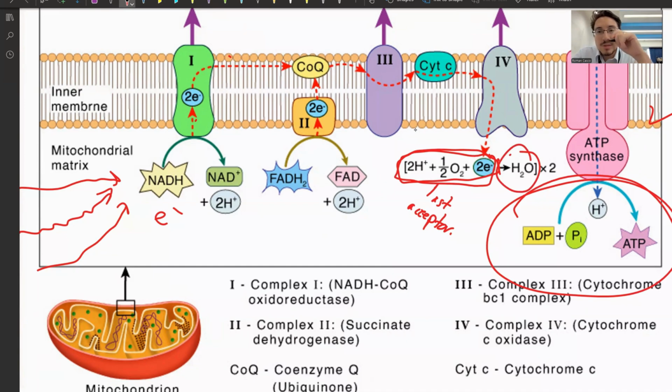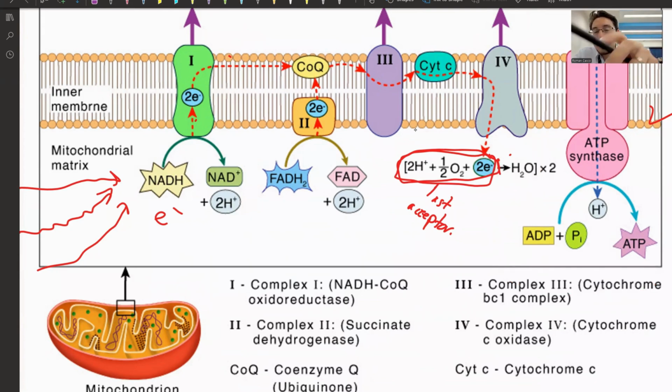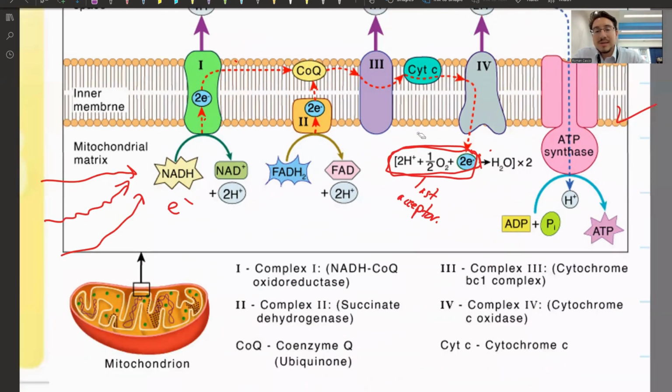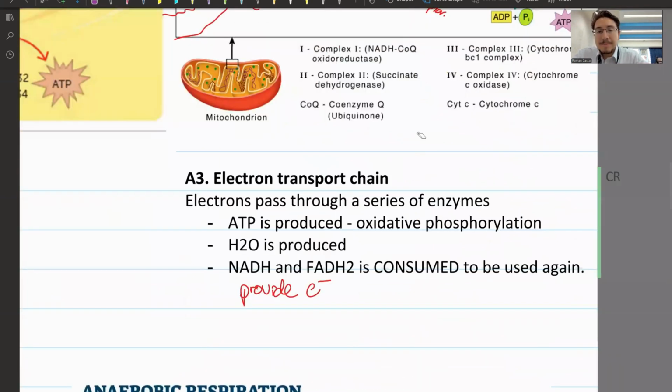Okay, so that's the reason why ultimately we need oxygen. Oxygen is actually the most electronegative atom that is attracting the electrons to itself, right? So it's helping kind of pass the electrons all the way to itself. But as the electrons pass down, they're pumping hydrogen, right? Once the electron joins with hydrogen and oxygen, it produces water, right? So this is basically how water is produced, okay?